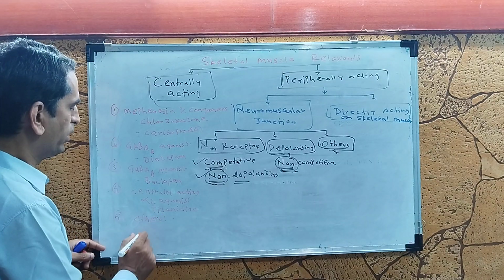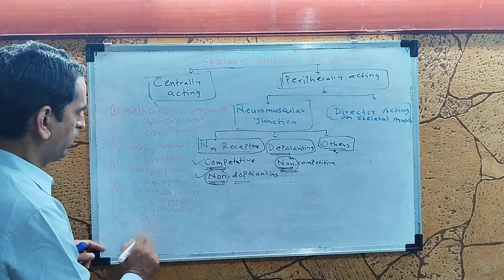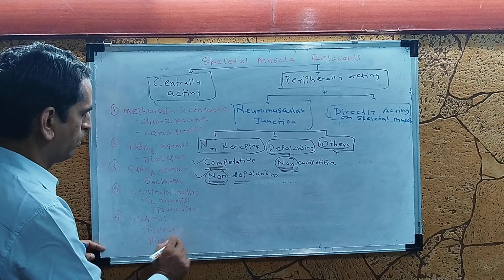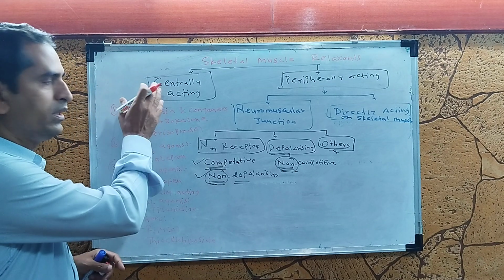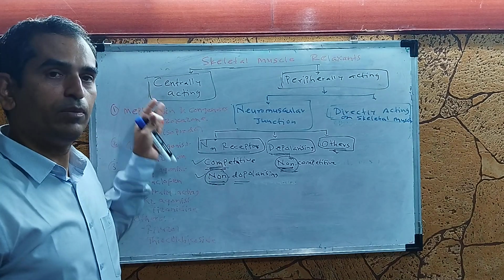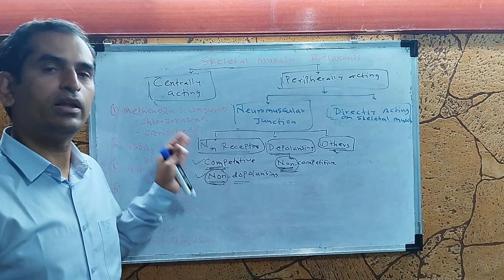A couple of examples in the other category: one is riluzole and the other is thiocolchicoside. So this is the group of drugs which act in the center and they inhibit polysynaptic reflexes and inhibit the skeletal muscle contraction.